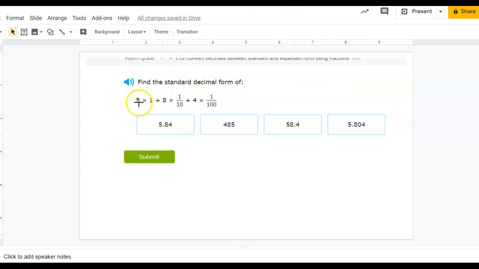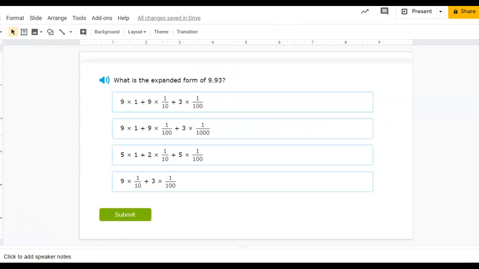Now there's going to be some that you're going to have to solve in the opposite direction. And to do that, just a second, let me switch over. All right, now for this, we are given the number, and they want us to write it in expanded form. So I have the number 9 and 93 hundredths. I take the number 9, and it's in the 1 spot, so I'm going to multiply that by 1.